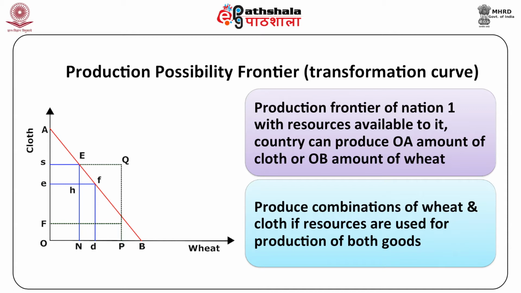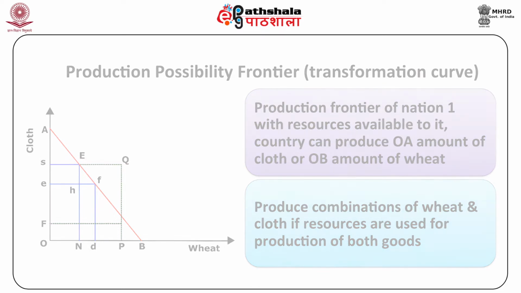Similarly, without decreasing the production of cloth, production of wheat can be increased. Using the unutilized resources, the nation can increase the production of both the goods. Production at point Q cannot take place. Resources are not available to produce the combination that is shown by point Q.